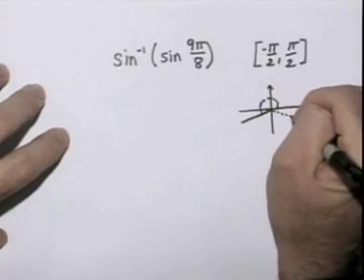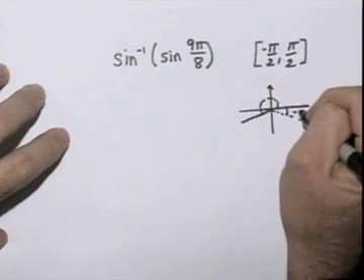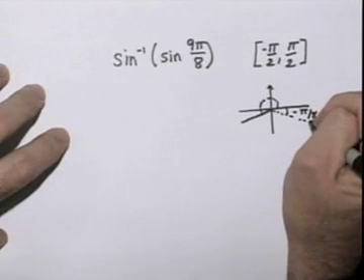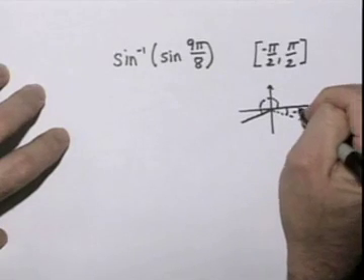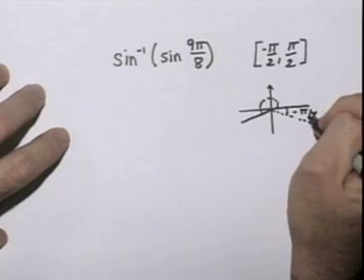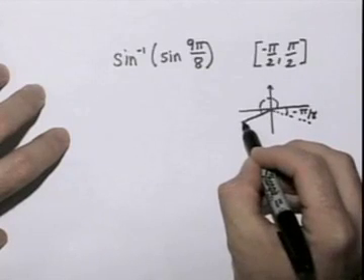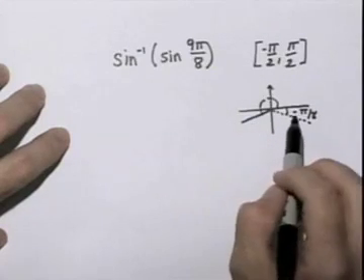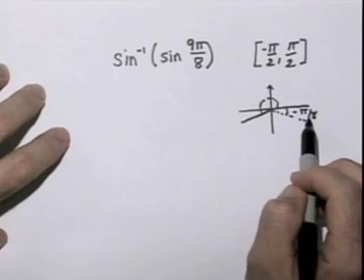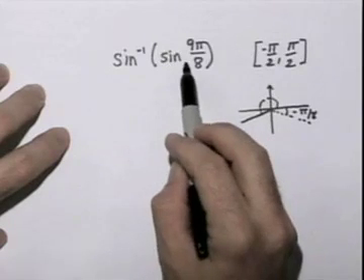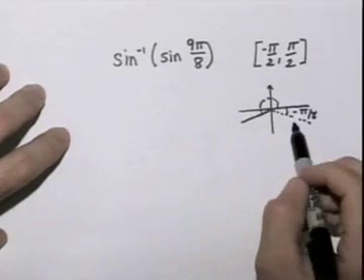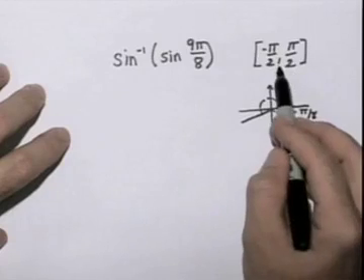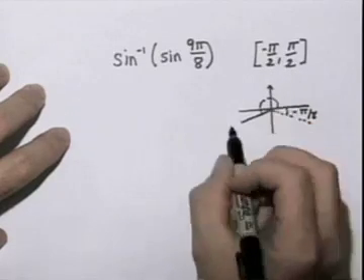If you think about the fact that negative pi over 8 will have the same y-coordinate as 9 pi over 8, that means that the sine of negative pi over 8 is the same as the sine of 9 pi over 8. And negative pi over 8 is in this domain.